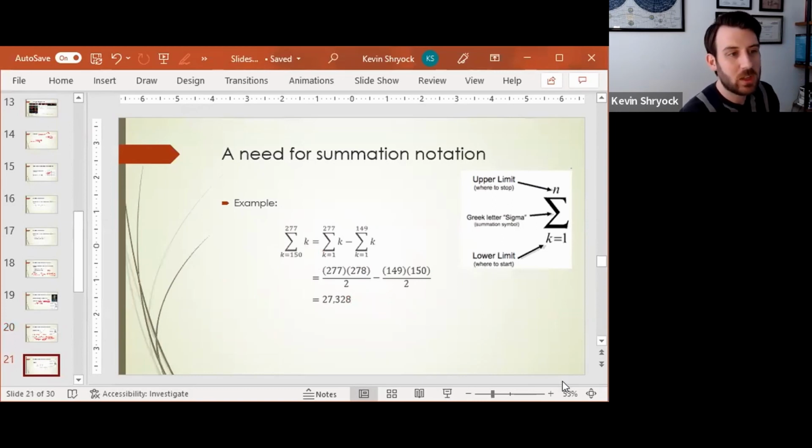The numbers between 150 and 277, if I add them together, is the same thing as adding all the numbers from 1 to 277 and then taking away all the numbers between 1 and 149. Right? Because I added all the way up to 277, but I really wanted to start at 150, so I need to take all those earlier numbers away.